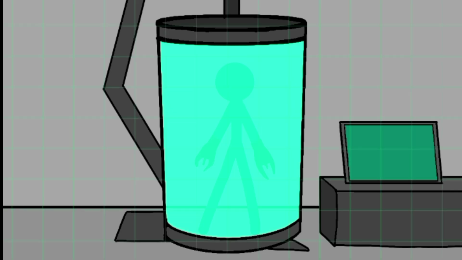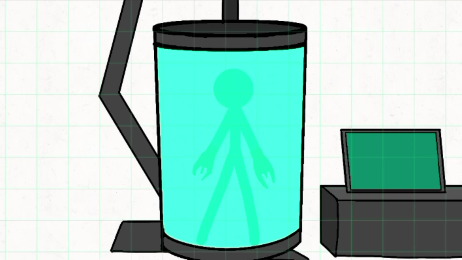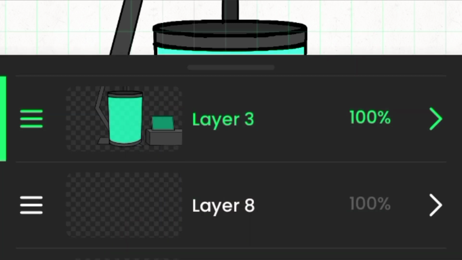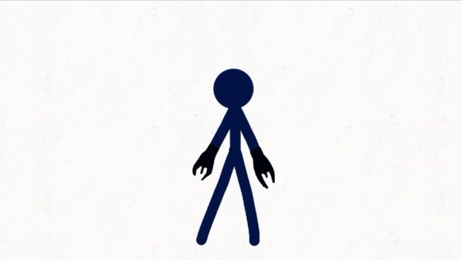So this guy, he's going to be in this test tube chamber thingy, and basically this entire animation is going to be revolving around him breaking out of that chamber, and it's supposed to malfunction and everything. I'm still in the process of doing it, but that's basically the rough idea of what this animation is going to look like.